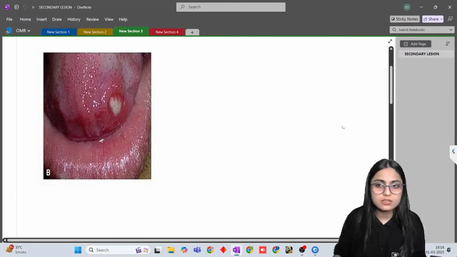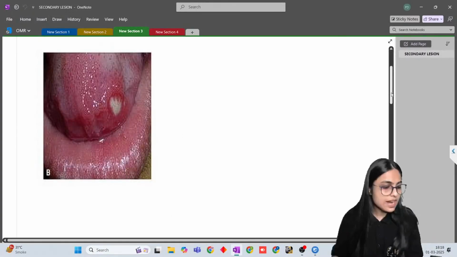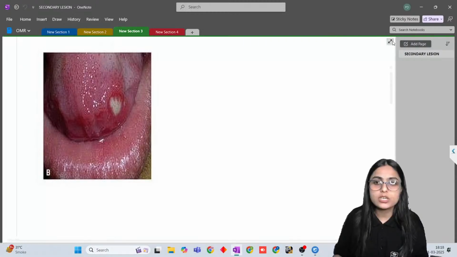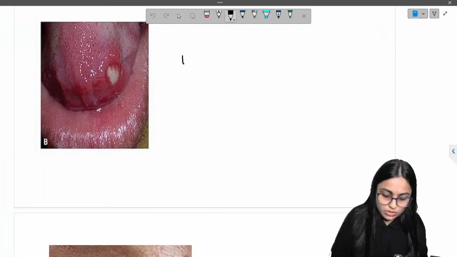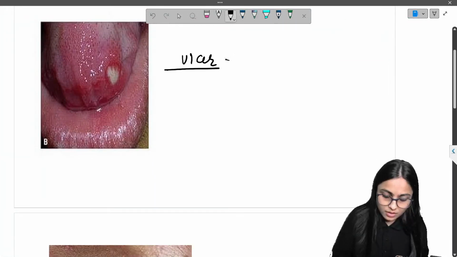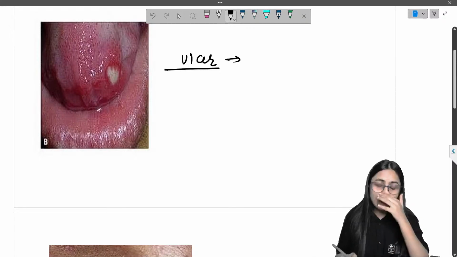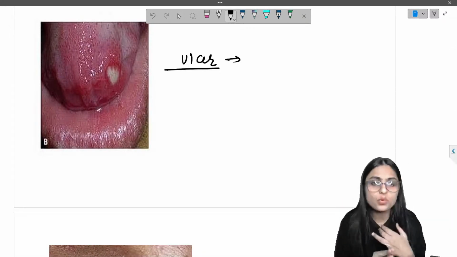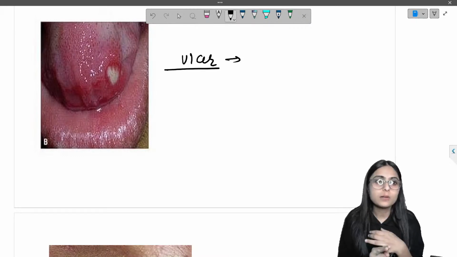Secondary lesions. Starting from the most important secondary lesion for us, which is ulcer. You all have studied ulcer in general medicine and in surgery also, right?